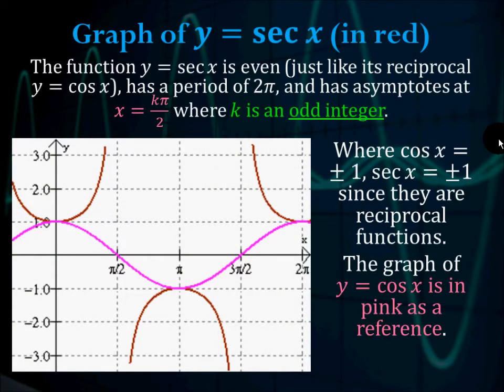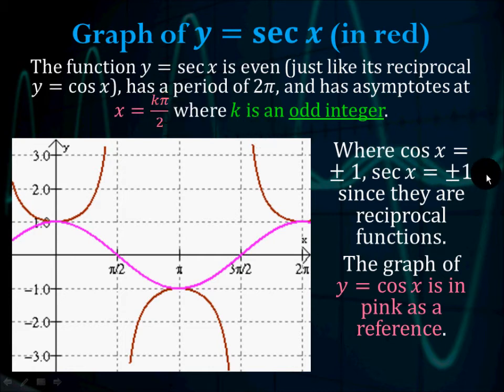So to recap, the graph of y equals secant of x, that's the one in dark red. The function y equals secant of x is even, just like its reciprocal, cosine. Cosine has a period of 2 pi, so it's going to have one part that's a positive U, another part that's a negative U. It has asymptotes at odd multiples of pi over 2, where k is an odd integer.